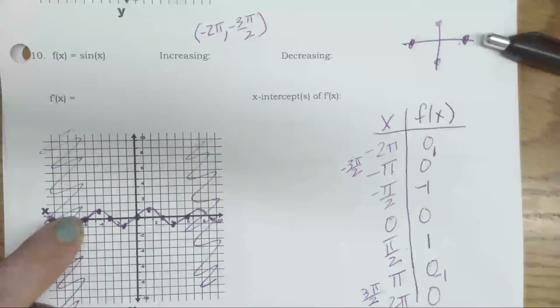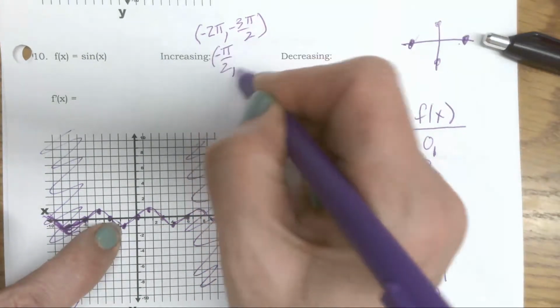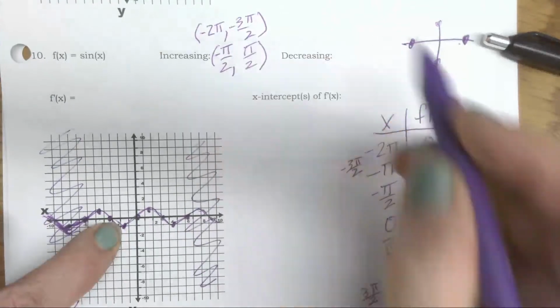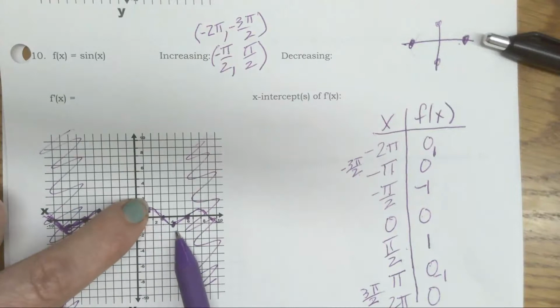And then again from, what's this point about? Yeah, that was negative pi over 2. So then again from negative pi over 2 to about pi over 2. Okay. Then it drops. Then it rises again.